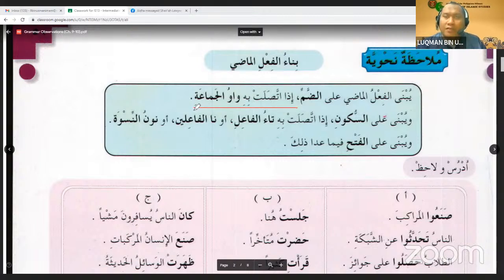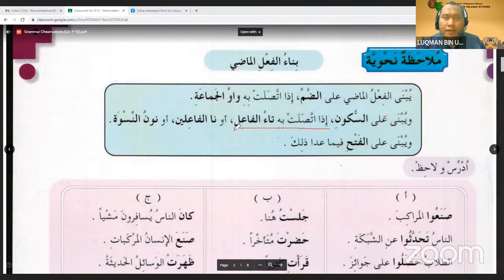So perfect tense meaning it's in third person, third person masculine plural. Okay, jama'a means plural, so wawul jama'a. Wayubna ala sukun, and it becomes static or fixed with sukun, idha tasalat bihi ta'ul fi'li, ta'ul fa'ili. If it is connected with ta'ul fa'il, the ta of the doer, the subject ta.